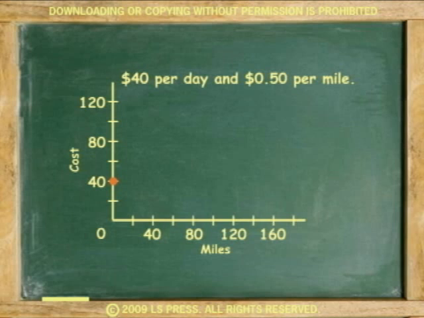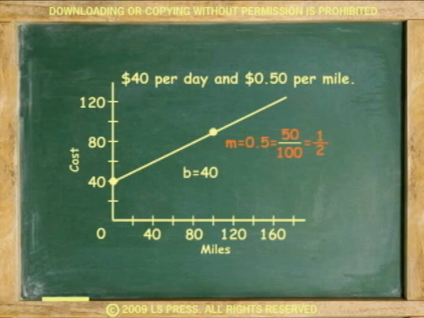From 40, the line climbs at the rate of 50 cents per mile, or $50 per 100 miles. The graph shows this. The slope, m, is 0.5, or 50 over 100, or 1/2, and the y-intercept is 40.